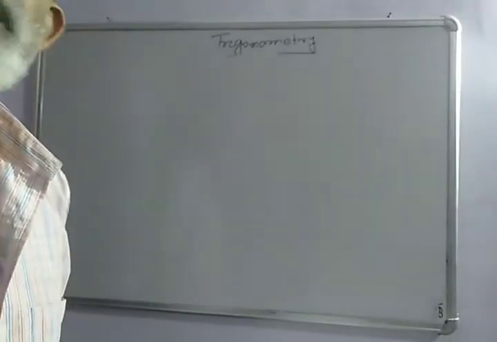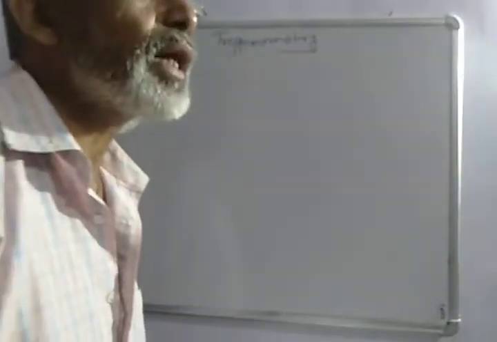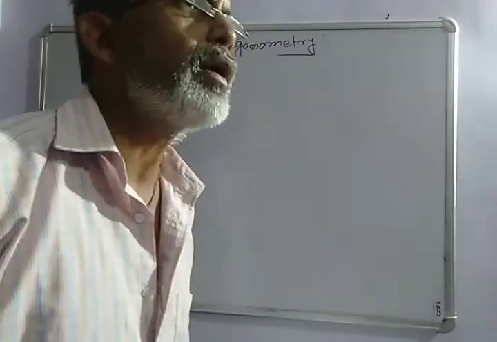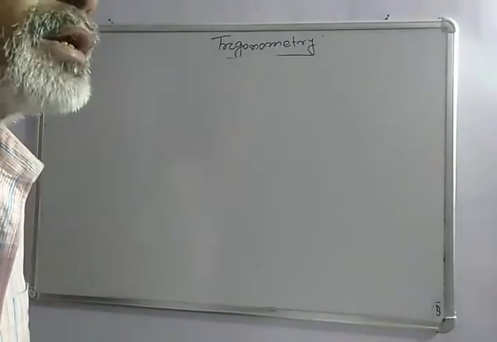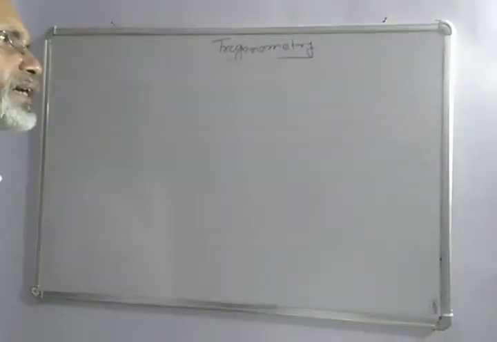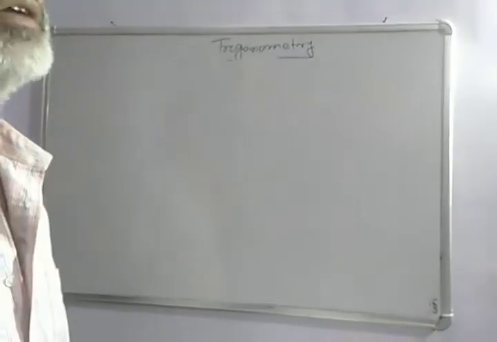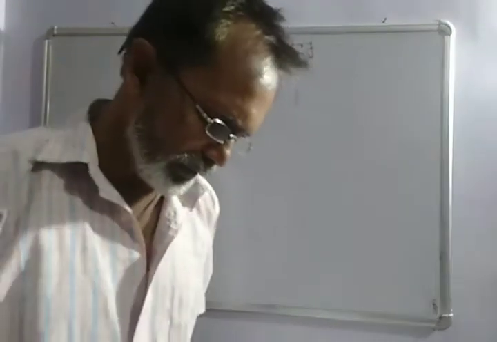By Pythagoras theorem you can find the third side, and after that you have all 3 sides of the right angle triangle. Then you can find the other trigonometric ratios.